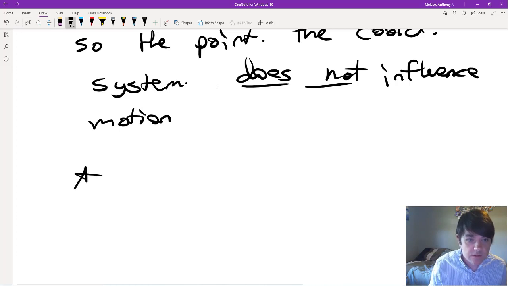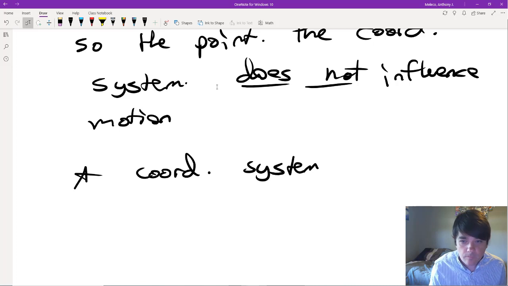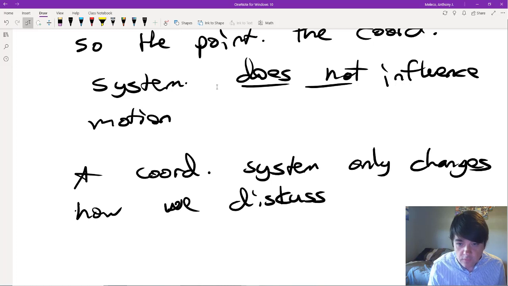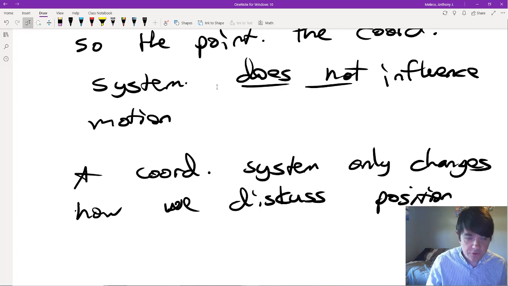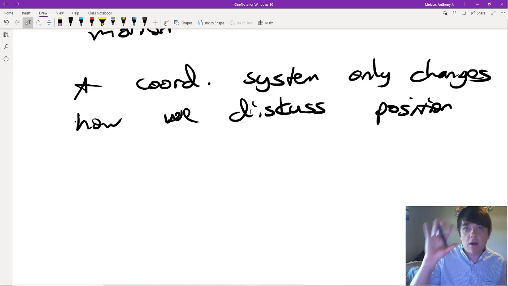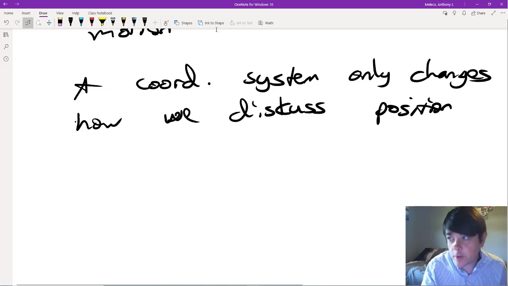A coordinate system only changes how we discuss position, okay? And some of the other terms, okay? How we discuss motion, okay? So that's all a coordinate system does. It's just an overlay atop what's already going on.